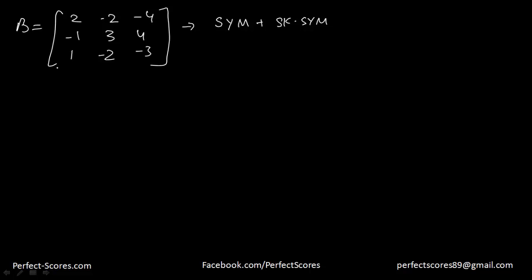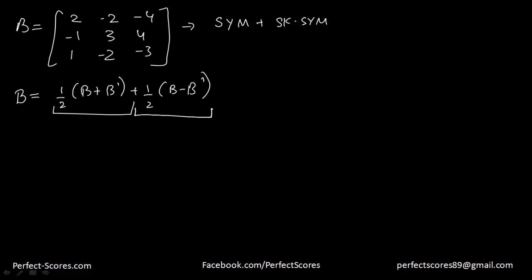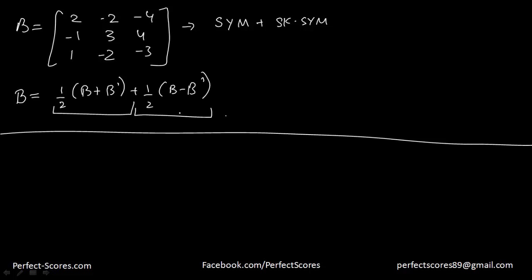This is what we want to do. So let's suppose B is equal to half of B plus B transpose plus half of B minus B transpose. This is a symmetric matrix and this is a skew symmetric matrix. So let's go ahead and find the value, I'm just going to divide this into 4 parts.